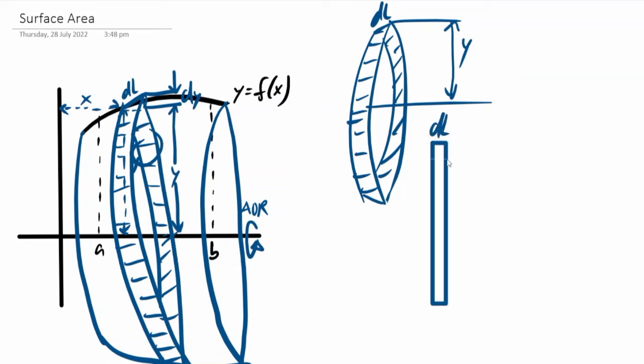From here is our dl, and the length, this is equivalent to a circumference, so our formula for this is 2 pi r, or 2 pi y.